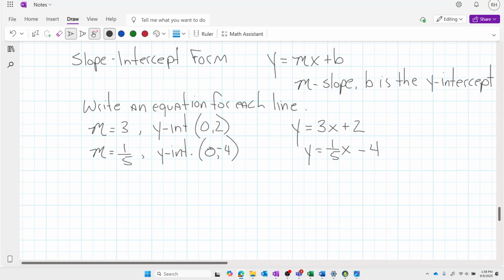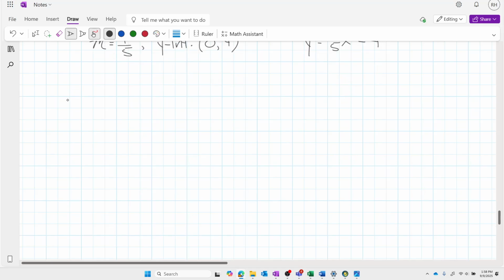So in the last part of your assignment today, you're going to be asked again, write the equation in slope-intercept form.